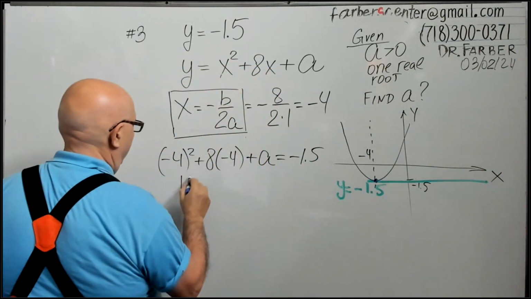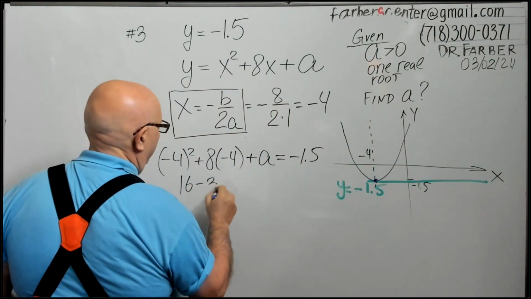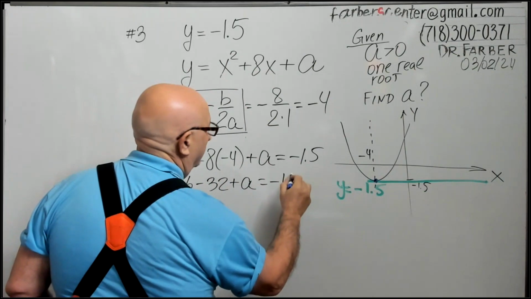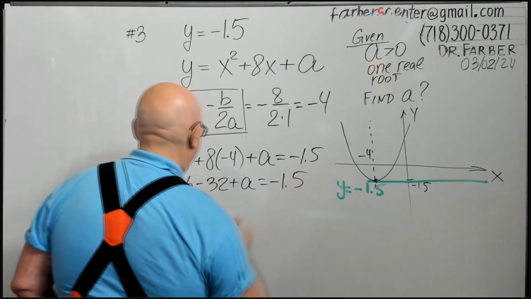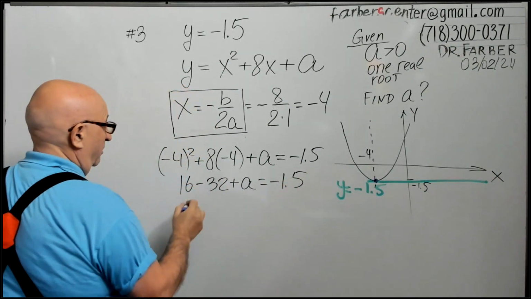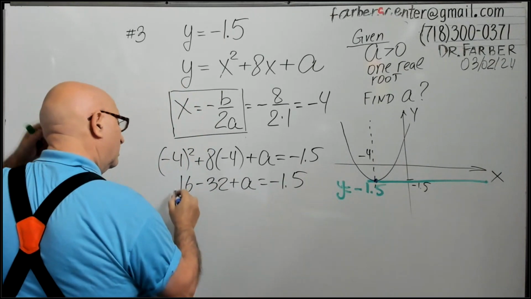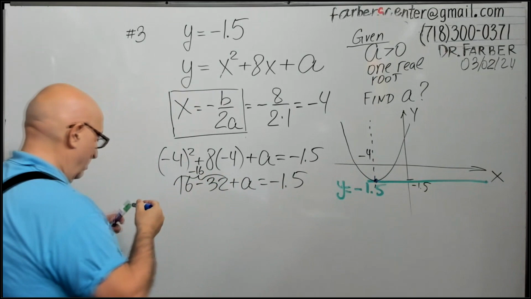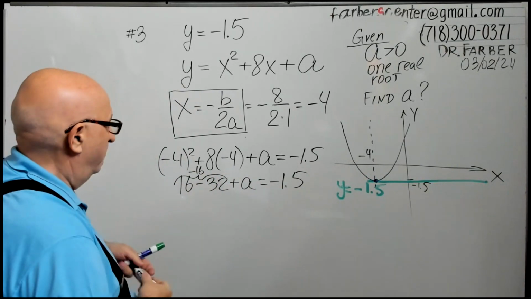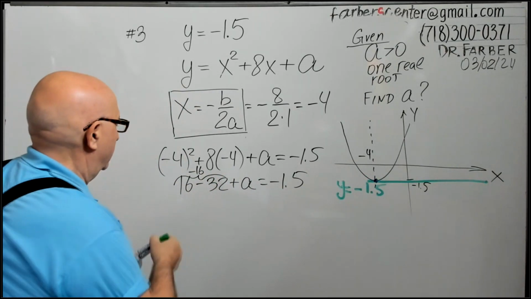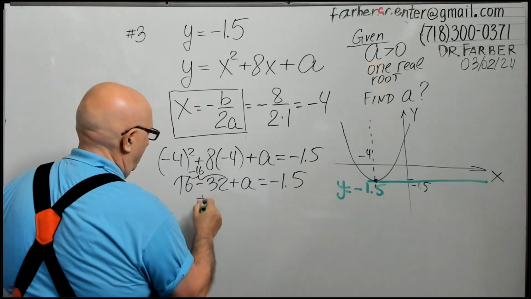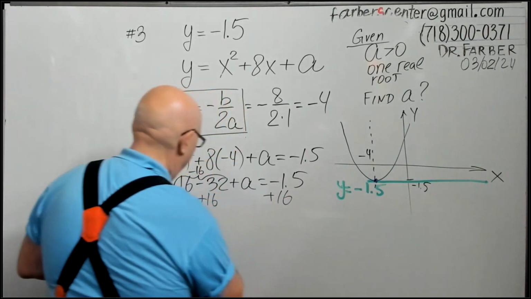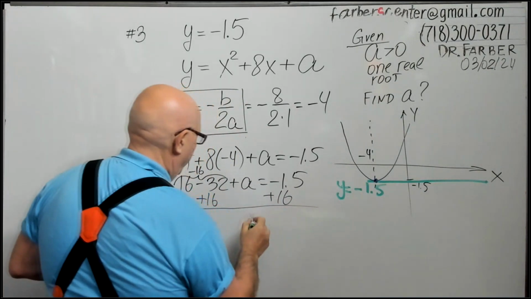This 16 minus 32 plus a equals negative 1.5, or this is negative 16. And I add 16 to both parts. Bring down 8.